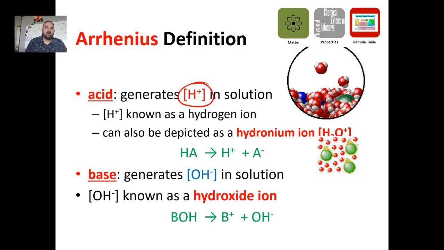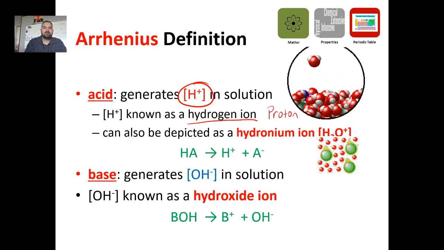H plus is known as hydrogen ion, and it's also called, very often, a proton. Because it's just a proton, there's no negative charge to it. And they're typically depicted as hydronium ions, which are H3O+. So acids are going to be H plus and H3O+.